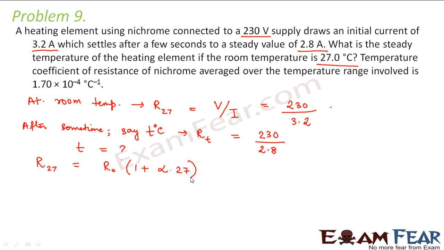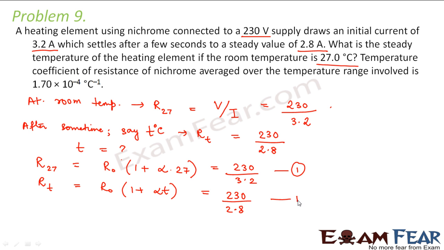So, with T as 27, this is equal to 230 divided by 3.2. This is my first expression. Similarly, R at T is equal to R naught into (1 plus alpha T), which is equal to 230 divided by 2.8. This is my expression 2.